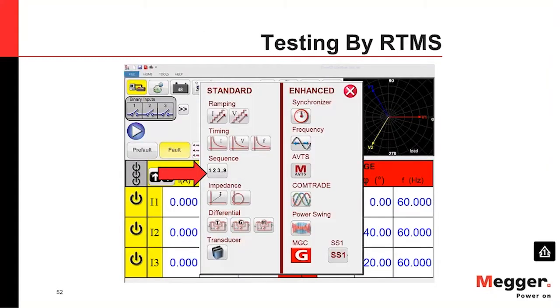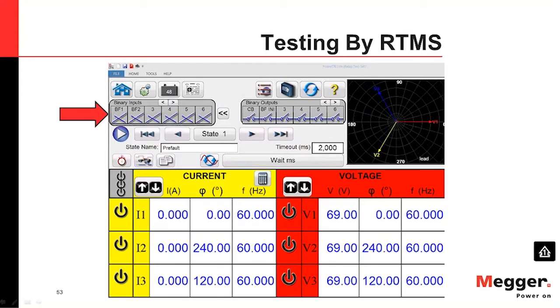We'll use the sequence mode to do the breaker failure testing, and it's very easy. Just create some modes. I have created something like this: BF number 1 and BF number 2 as my timers, and then CB contact or BF INI, which is the initiation from outside. This is a common thing we need to do so that we can have two timers.